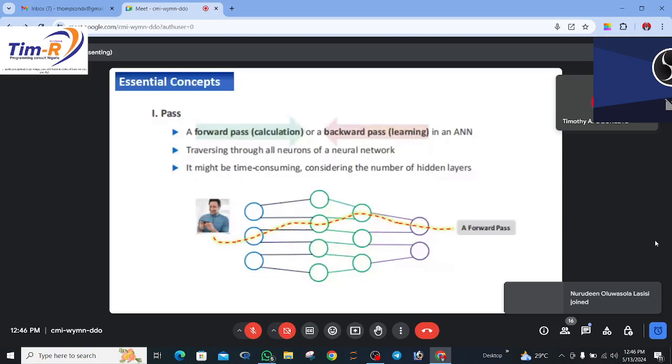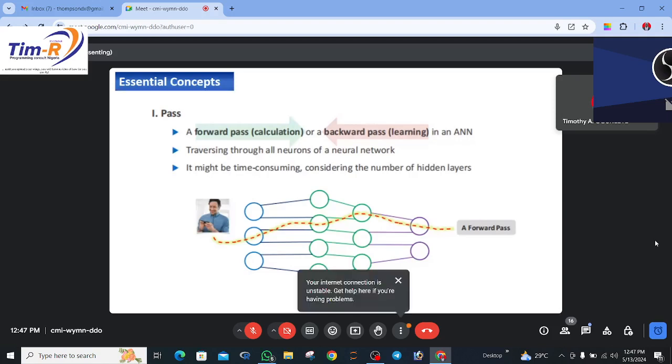So it's just like we have a neural network, and it feeds in all the features, then it also takes it back again to confirm if it has actually learned very well from the features. And a pass might be time consuming considering the number of hidden layers. So depending on the hidden layers, it can be time consuming.